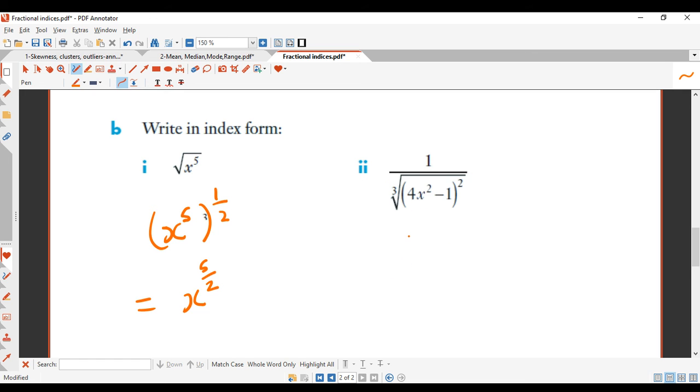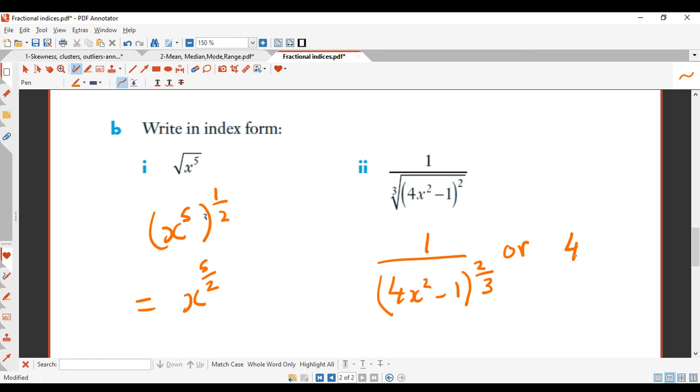And this one here, well, cube root is power of a third, isn't it? So we're going to write this as 4x squared minus 1, and that's all squared, right? And it's cube root. So if you think back to your fractional index laws, that should be 2/3 there.